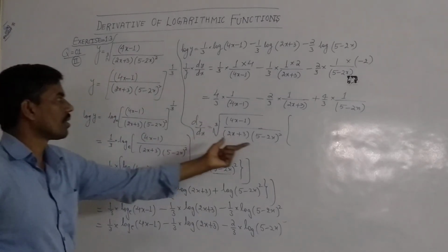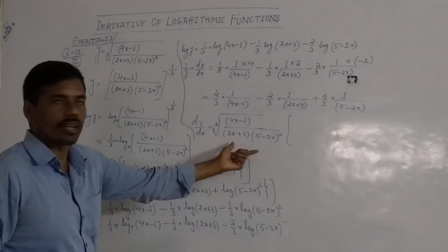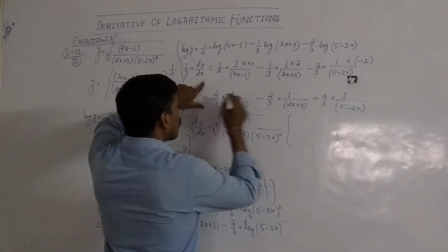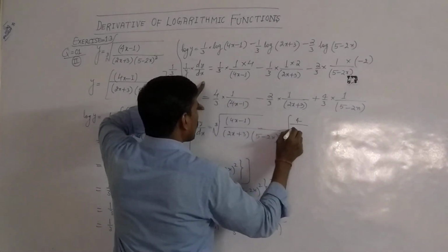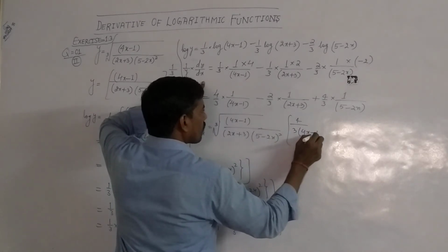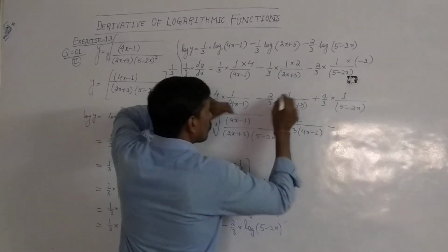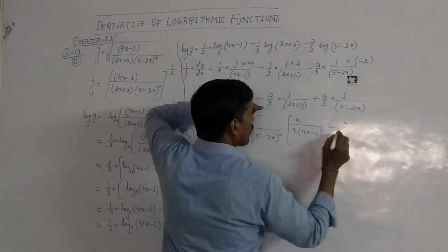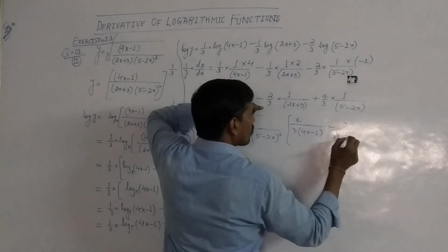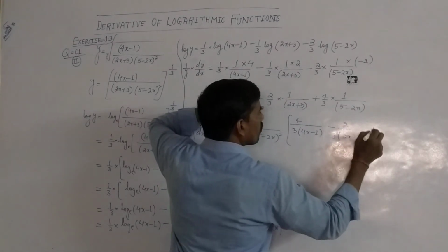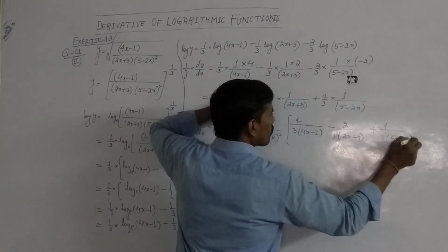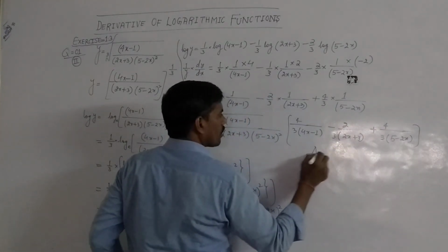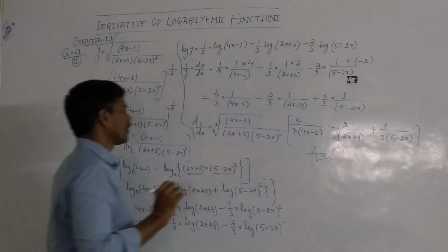So write the actual value of y. And the remaining terms are 4 ones are 4, 4 divided by 3 times 4x minus 1, minus 2 ones are 2, 2 divided by 3 times 2x plus 3, plus 4 divided by 3 into 5 minus 2x. This one is our answer.